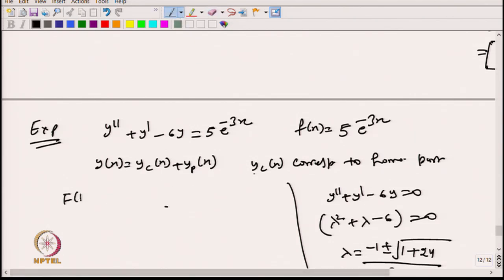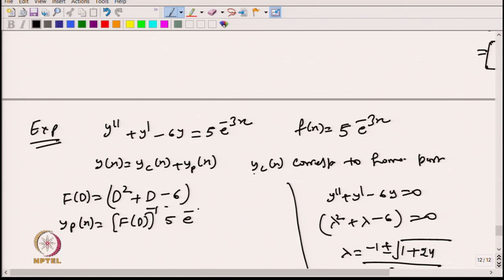My F(D) will be D square plus D minus 6. So, this is my F(D). Now, if you want to find the particular solution y_p(x), this will be the inverse of this operator into 5 e raised to power minus 3x.